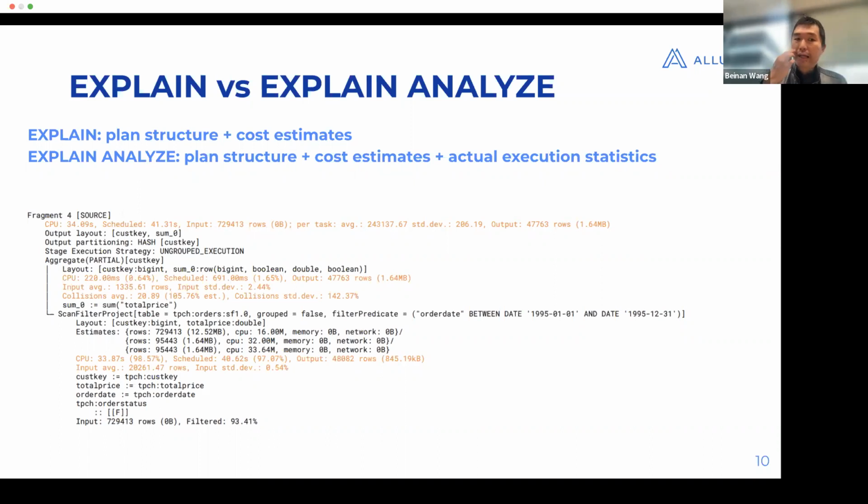It's quite helpful. We can also get some insights from the Presto UI, but I prefer this one because it's easy to copy the result to a text file or share with others.